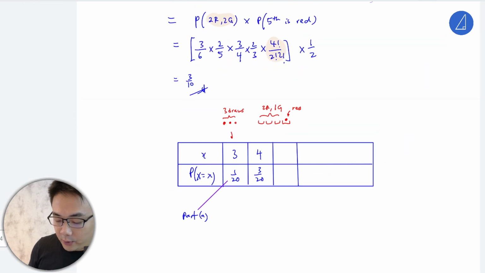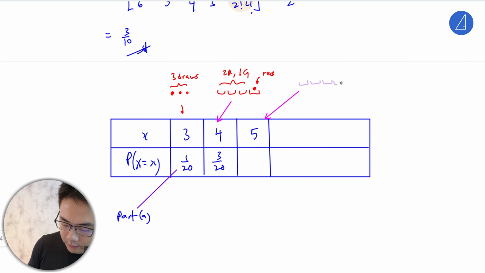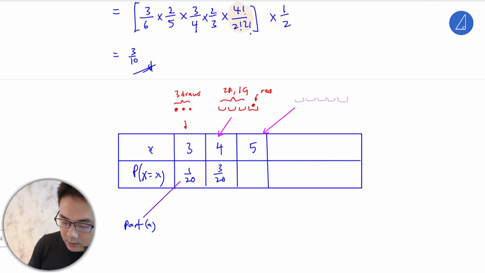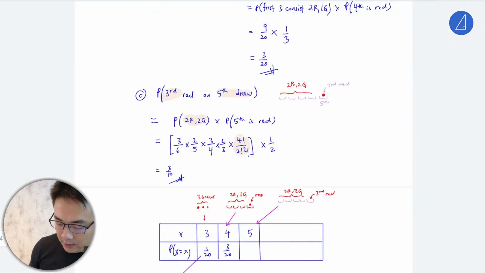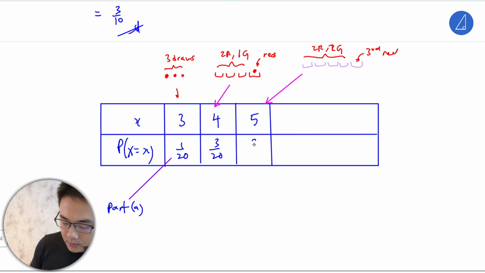Of course, after which you have the fifth one. It'll be 5 draws, and then this will be the third red. So there are 2 red here and 2 green, which is the answer we found just now: third red on fifth draw, which is 3/10.